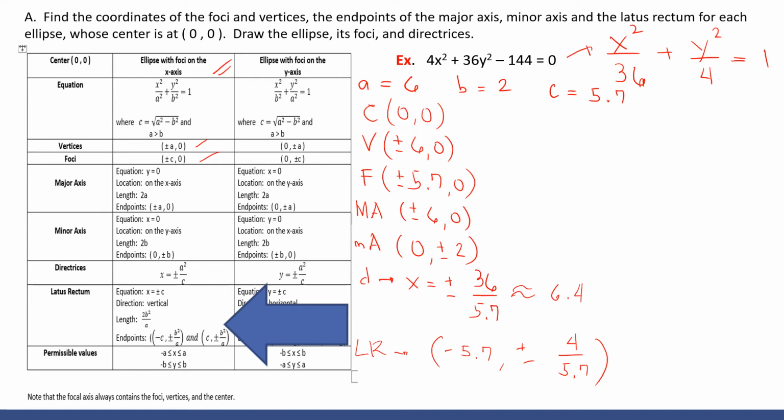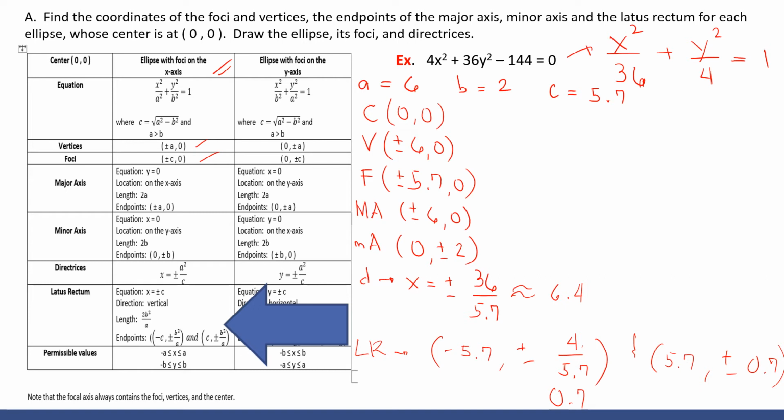Okay? So this is approximately 0.7. And the other, we have what? 5.7 and then plus minus 4 over 5.7, or 0.7.